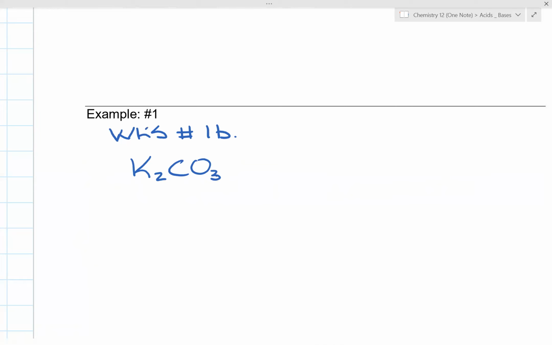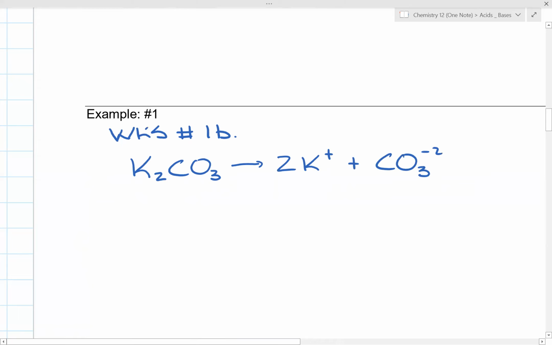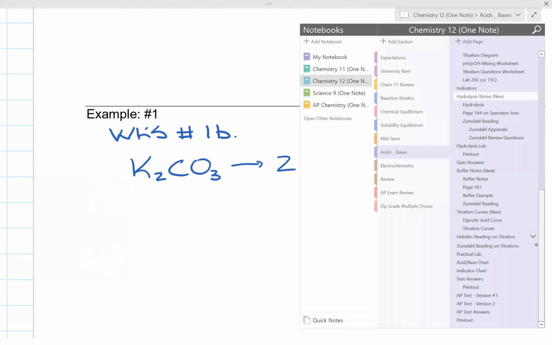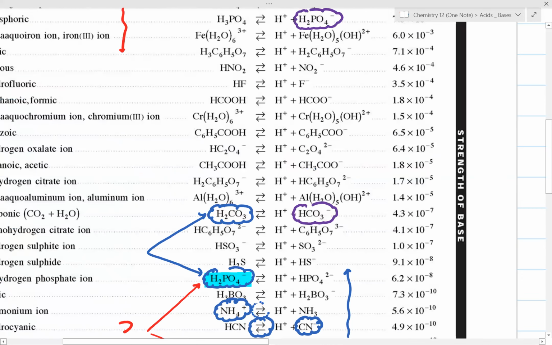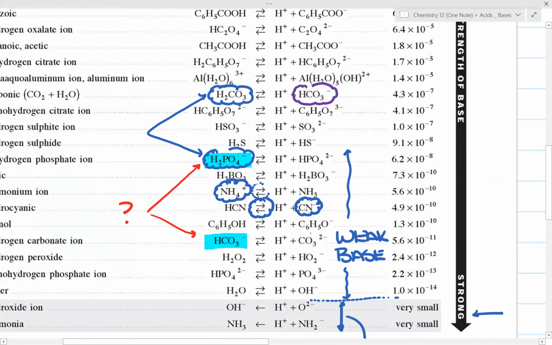Again, the first thing you want to do is, since it's an ionic solid, it dissociates into its component ions. So 2K+ and CO3 -2. The second step is to take a look at the location. Now, CO3, if you take a look at your acid-base chart, where is it? Ah, it's right here.